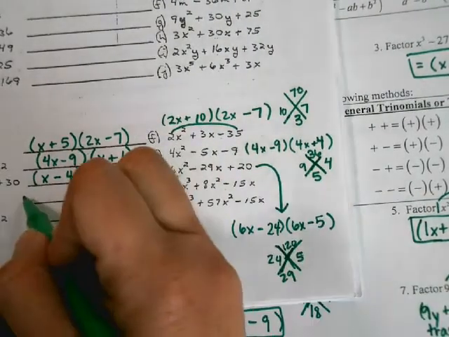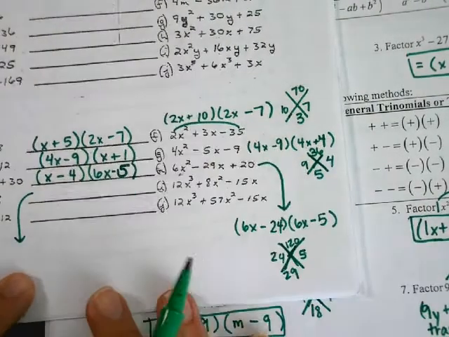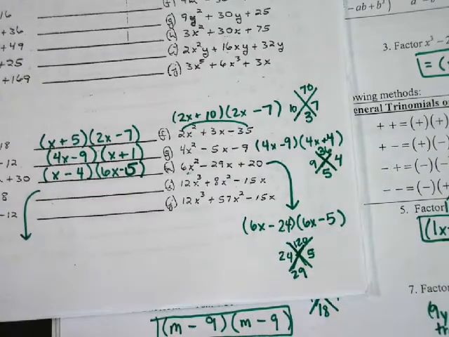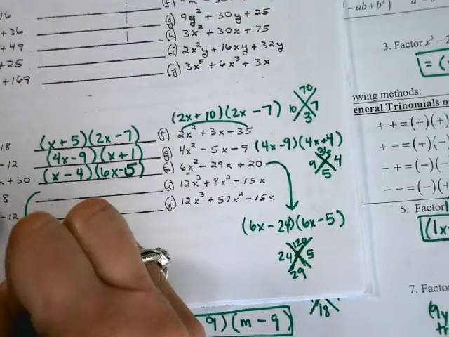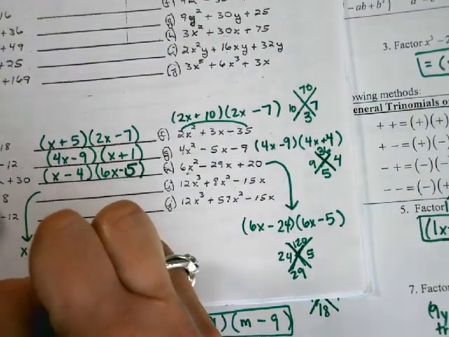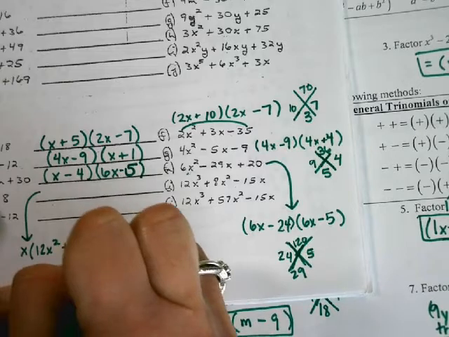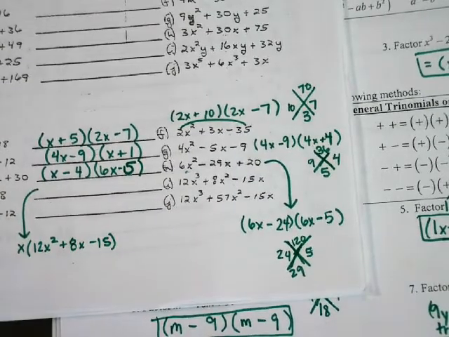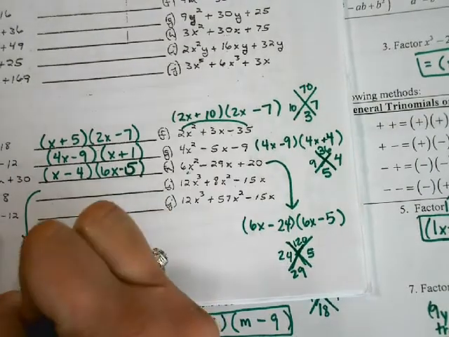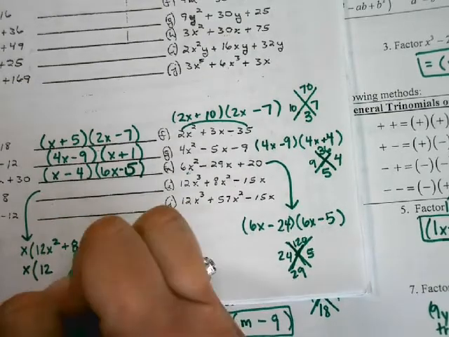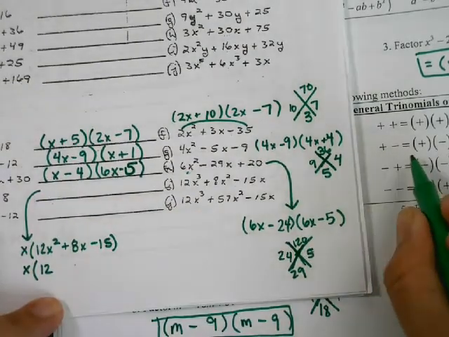Okay, let's do I. First of all, do they have anything in common? An x we have to take out. Alright, so I have an x there, and then I have a plus and a minus, so my sign chart says I need a plus and a minus.